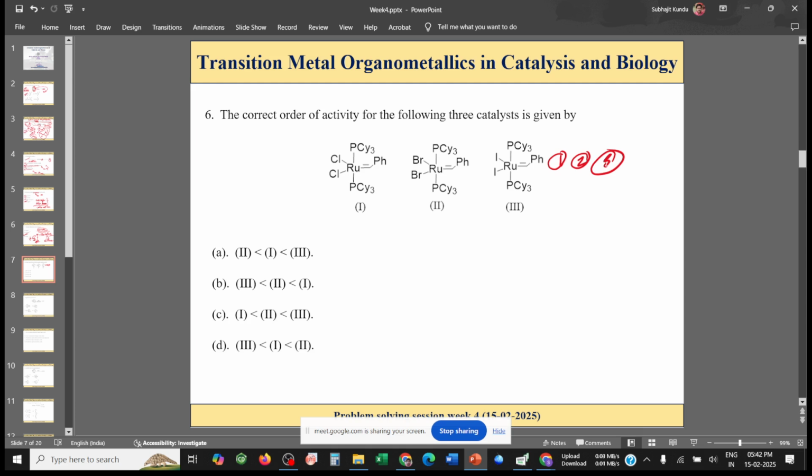Now there are two facts during the mechanism of olefin metathesis using Grubbs catalyst. We also discussed that.